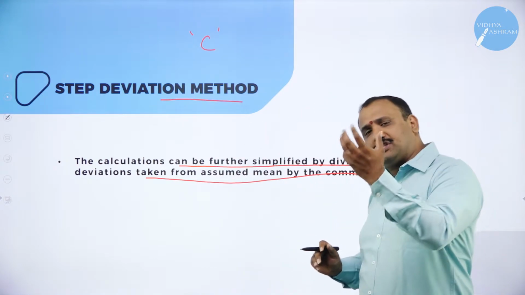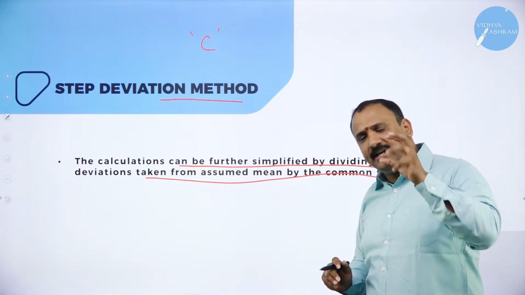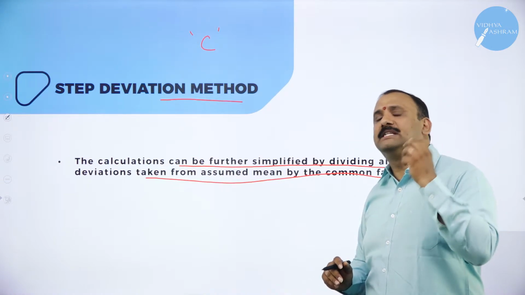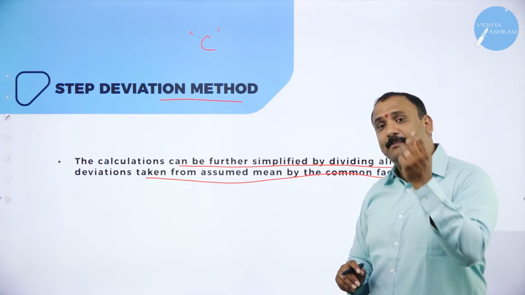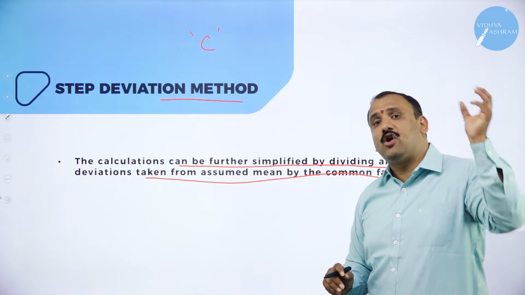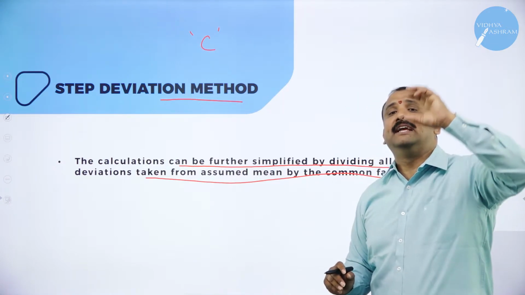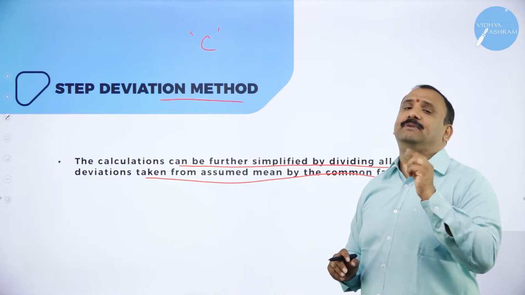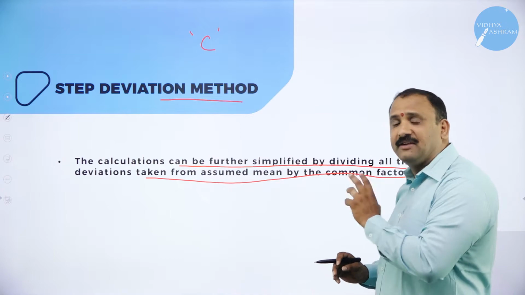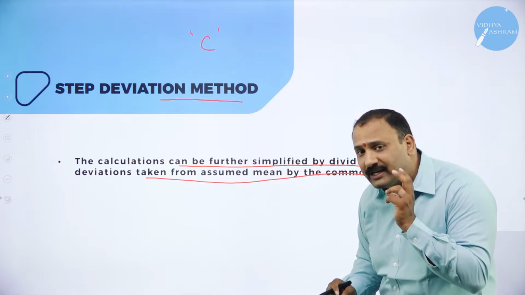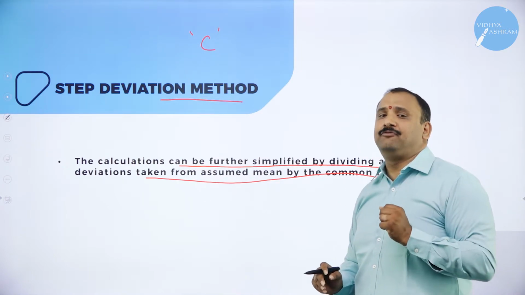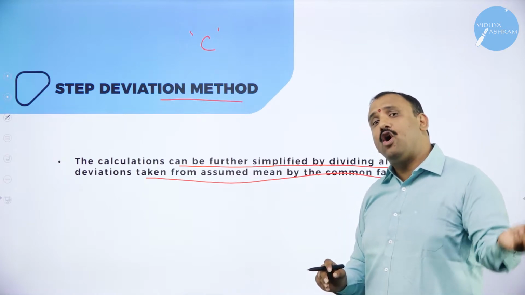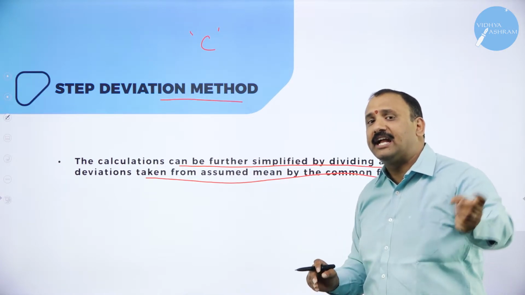Because in statistics, many a time you will get multiple sets of data, where you will get multiple organizations or activities happening in the data factor. So at that point of time, we take the step deviation method. The step deviation method will help you to calculate, keeping a common factor C and dividing all the deviations that you have taken together.